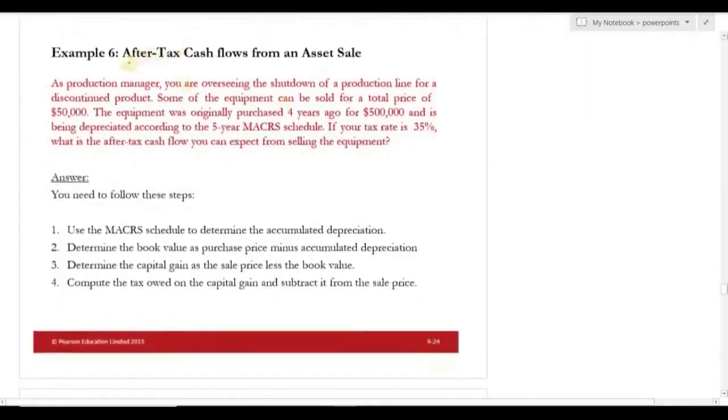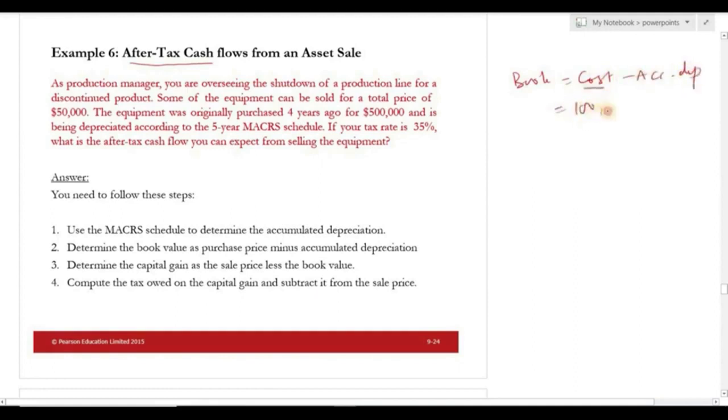Okay, this is the example of after tax cash flow from an asset value. Please first you need to remember the book value. Let me repeat the example again. So that was equal to cost minus accumulated depreciation, right?